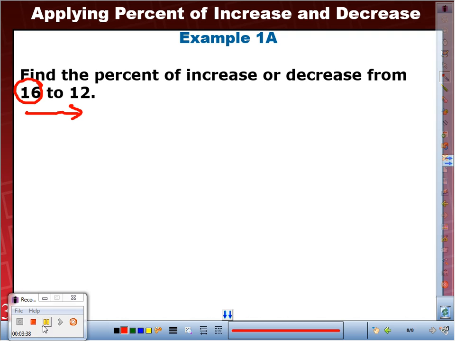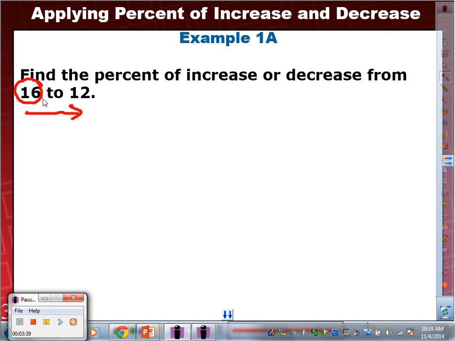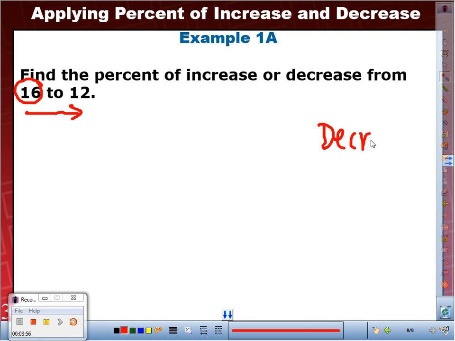First things first, I circle the original amount, which is the first number that comes up. And then I look at what happens from that to that. Did it increase or did it decrease? So once we see that, I'm going to write here, it's going to decrease. So like that, I can include that in my statement at the end. Are we there so far?